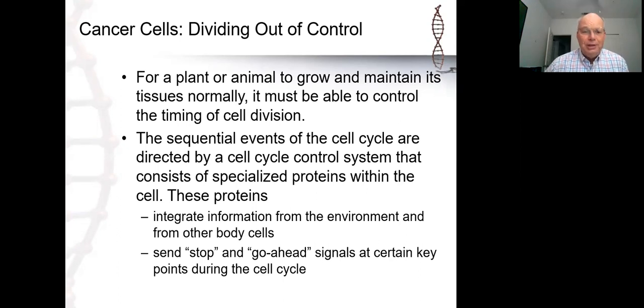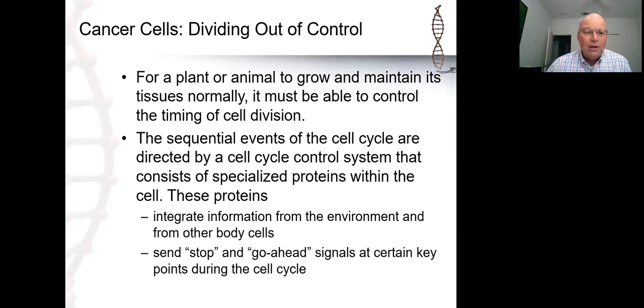Generally, the signals on the inside of the cell tell the cell that it's okay to pass from G1 through S onto G2 and then into mitosis and on again around the cell cycle. And so long as those internal signals are present, the cell will continue to move around the cell cycle, growing and dividing and producing more cells.